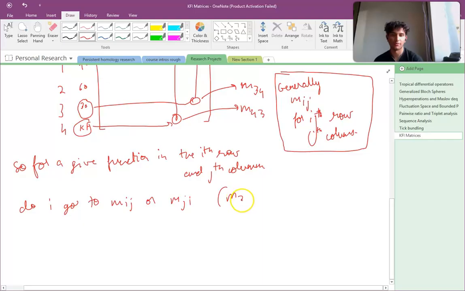Or do I go to M34 or M43? Okay. This is the question, and this is how we decide.